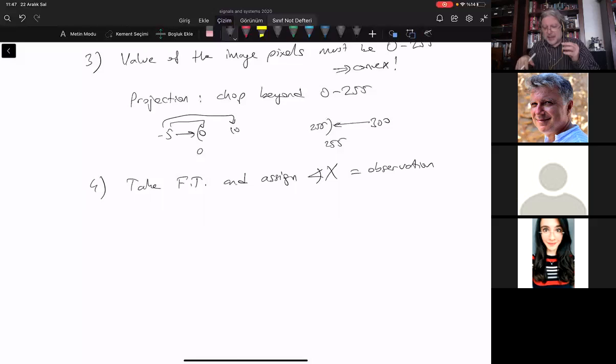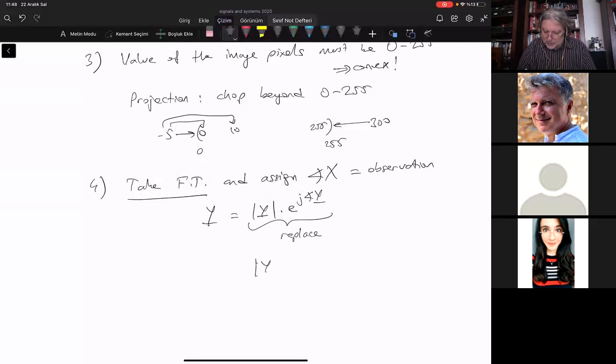I drop all the angles from my Fourier transform after I take the Fourier transform. Let's say I have y, which becomes magnitude of y times e to the j angle of y. And I replace this with magnitude of y. I keep the magnitudes, but I replace the angle with the angle of x that I was observing. So I change the angles back to the original observation.